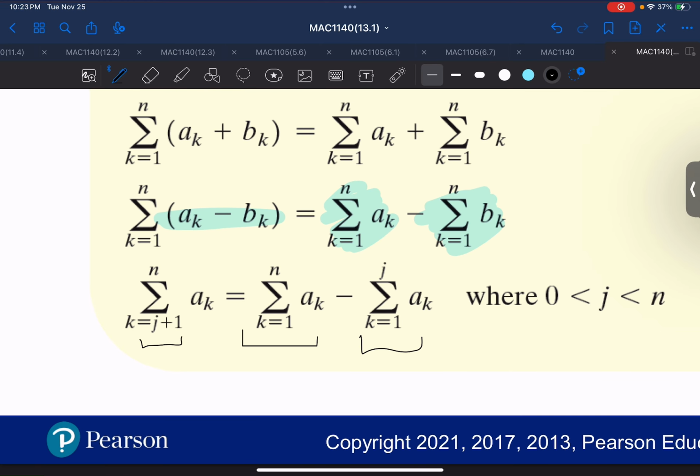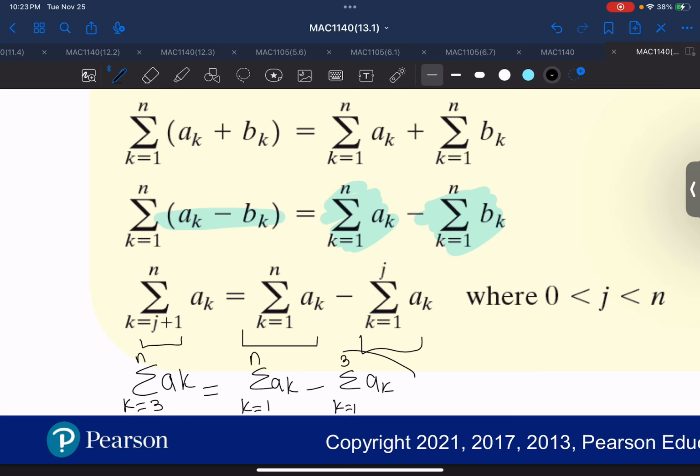So for example of that, if I had k equals 3, so I'm starting this at 3, this is the same thing as k equals 1 to infinity minus k equals 1 to 3, stopping at 3.